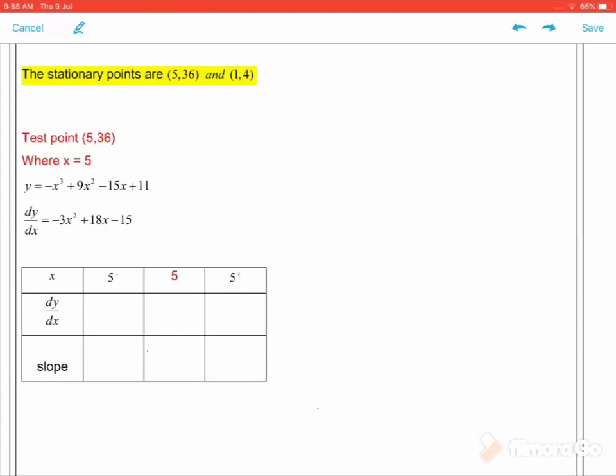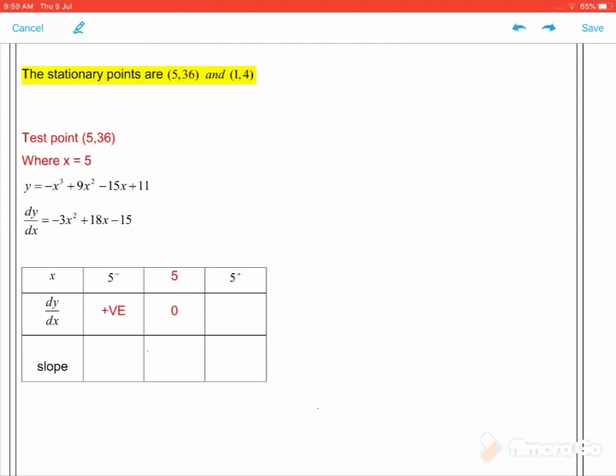Now we substitute the numbers into dy/dx to see whether the gradient is positive or negative. If we substitute a number less than 5, such as 4, we get a positive answer. When we substitute 5, we get 0.